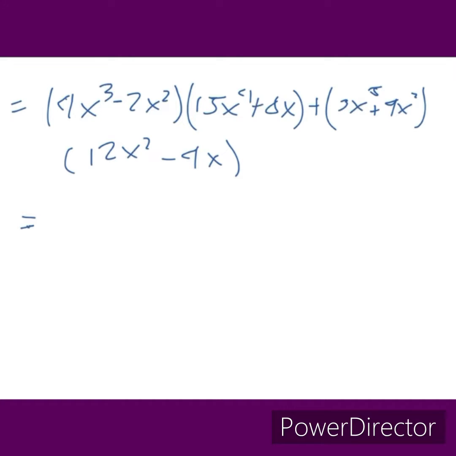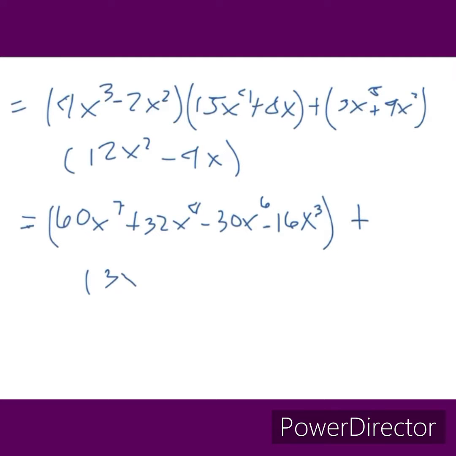get the product. So we have 60x raised to 7 plus 32x raised to the fourth minus 30x raised to the 6 minus 16x cubed, plus 36x raised to 7 minus 12x raised to 6 plus 48x raised to the 4 minus 16x cubed.